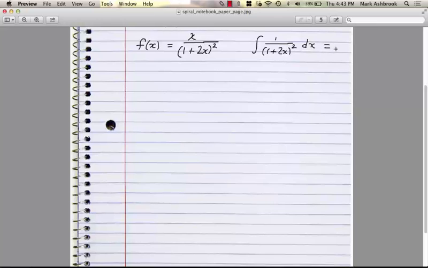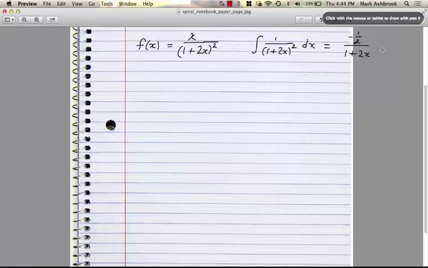Okay, so what is the antiderivative of 1 over 1 plus 2x squared? So we're going to have 1 plus 2x. And then what are we going to need in the top? So when we take the derivative, we get this thing. Well, when we take the derivative, we're going to have a 2, right? So we need a 1/2, but then we're also going to have a negative. We're going to need negative 1/2. So let's just check that.